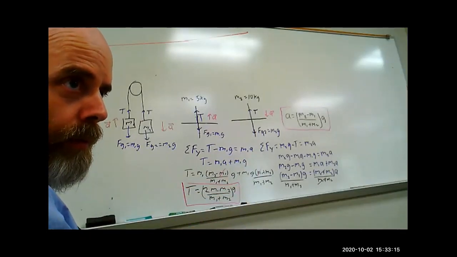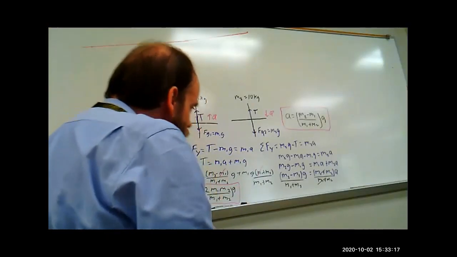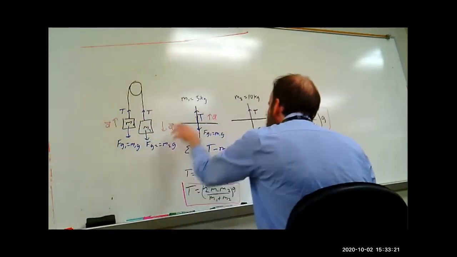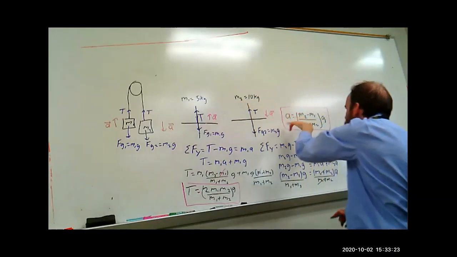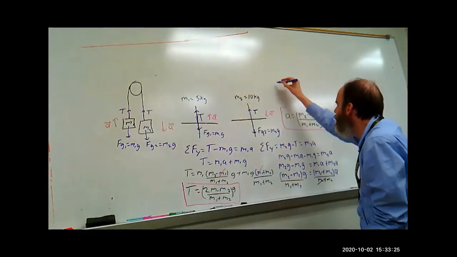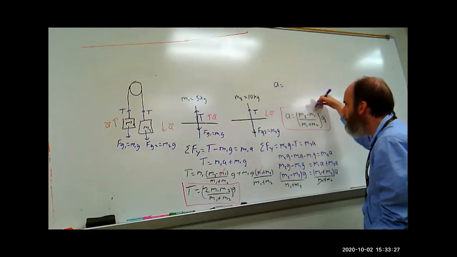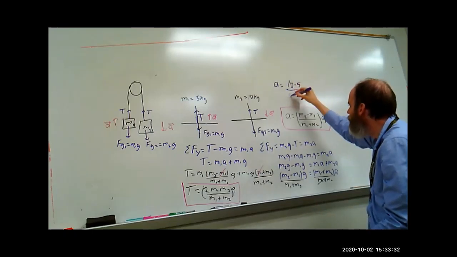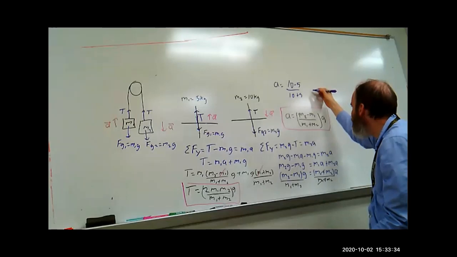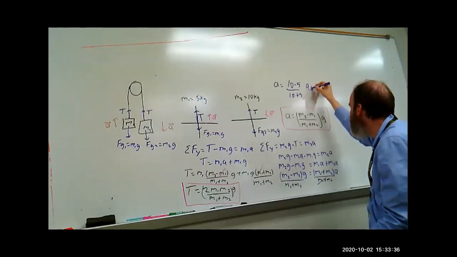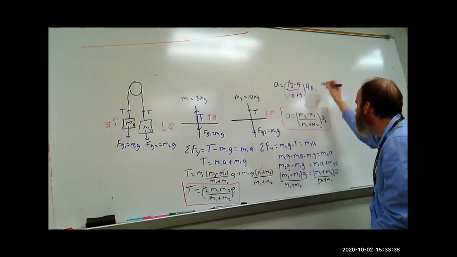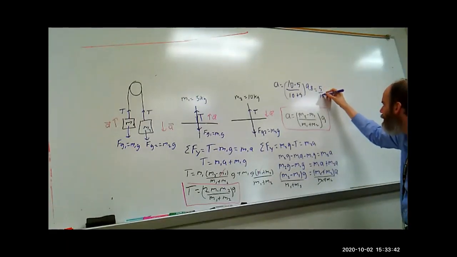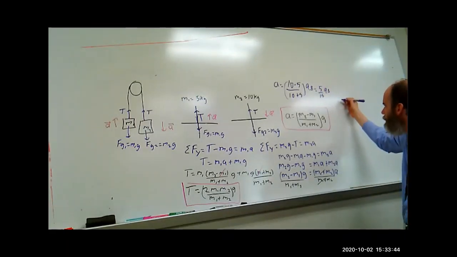So let's put in the numbers for A. A is going to be M2 minus M1, so 10 minus 5, over 10 plus 5, times 9.8, which is 5 over 15 times 9.8.